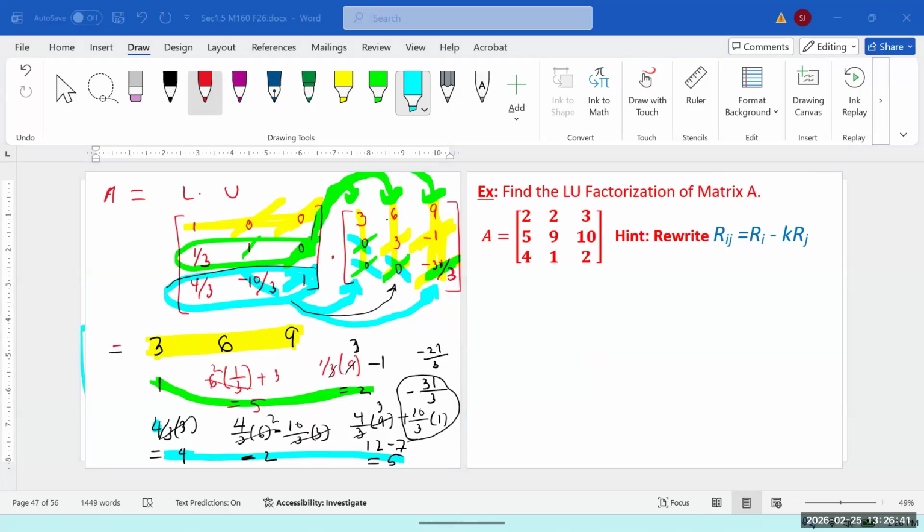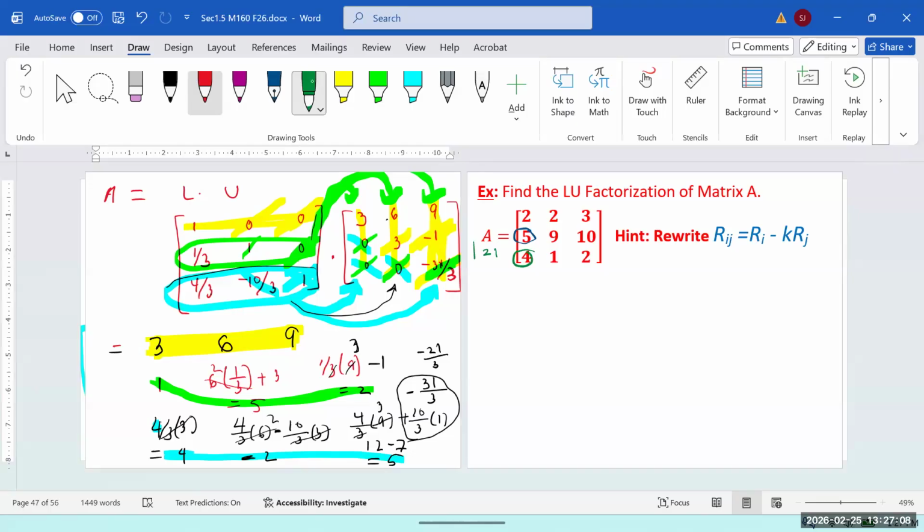Anytime you're removing a position, you need to subtract that row minus something times the other row. So you have to remember the position's name. This position is 2, 1, row number 2, column number 1.